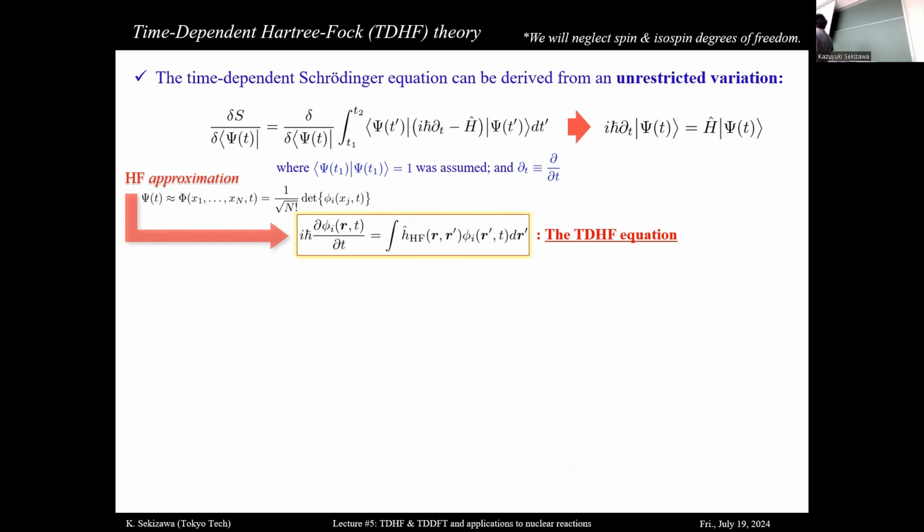The right-hand side is the same as the static case, and in the left-hand side we have this new term coming from the time derivative part. But this is like the TDSE, right? In the stationary case, we have a single particle energy times the wave function, but it is replaced with iħ ∂/∂t. So this is the TDHF equation.